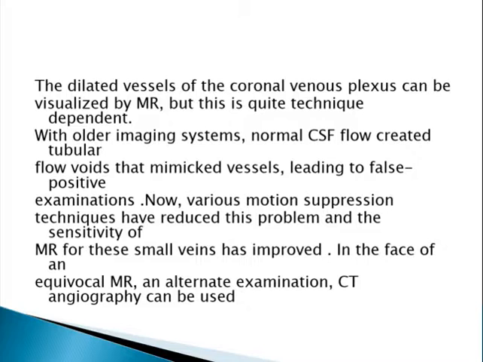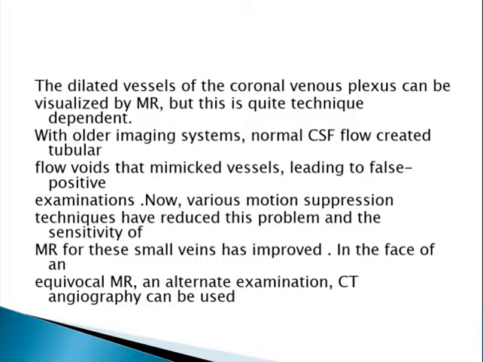The dilated vessels, the venous plexus in the spine around the spinal cord, they call it the coronal venous plexus. These vessels will dilate and can be visualized by MRI, but this is very dependent on the technique that we use to do the imaging of the spinal cord.